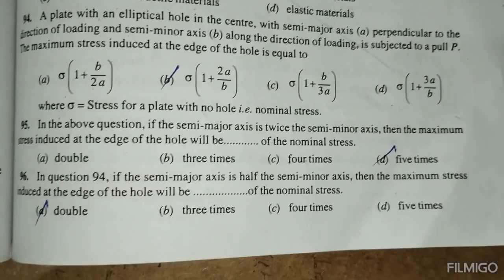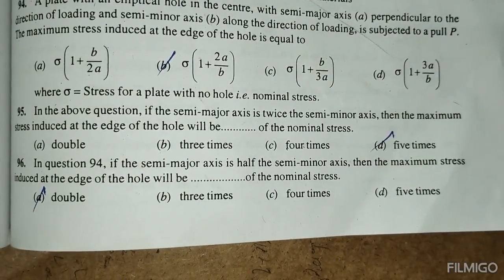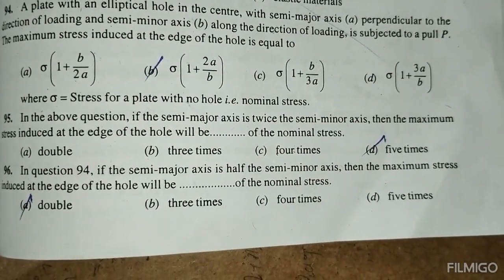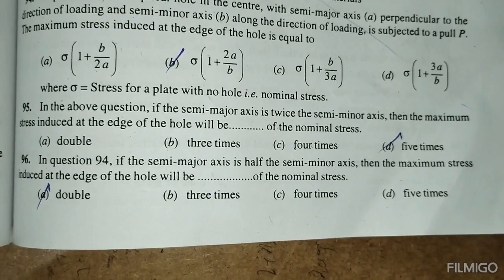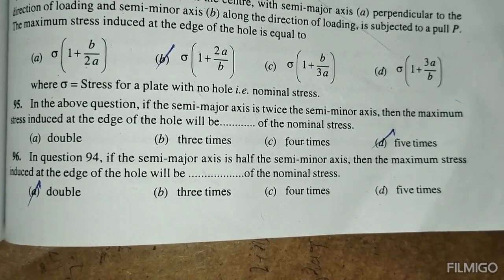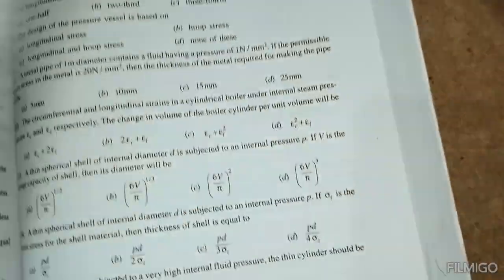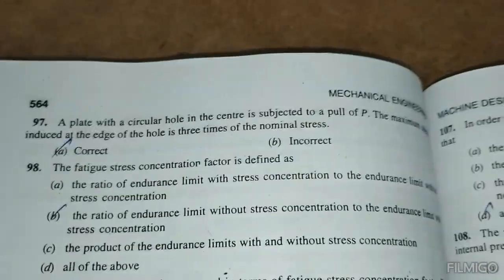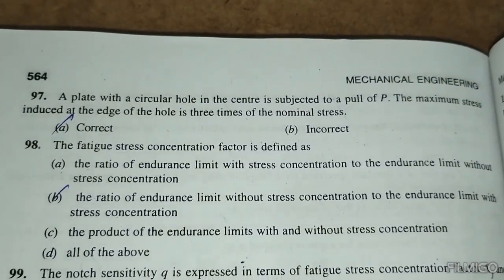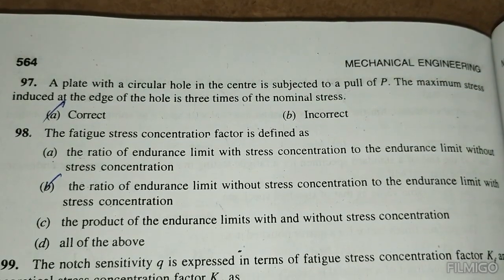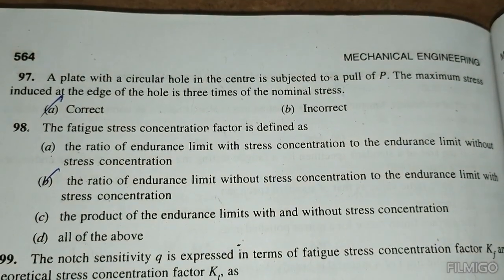If the semi-major axis equals the semi-minor axis, the maximum stress induced at the edge of the hole will be double the nominal stress. For a plate with a circular hole in the center subject to pull P, the maximum stress induced at the edge of the hole is 3 times the nominal stress. This is correct.